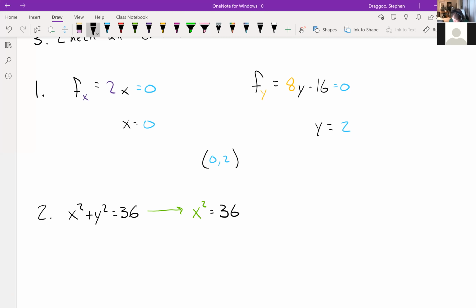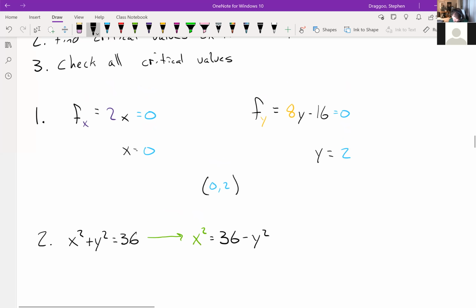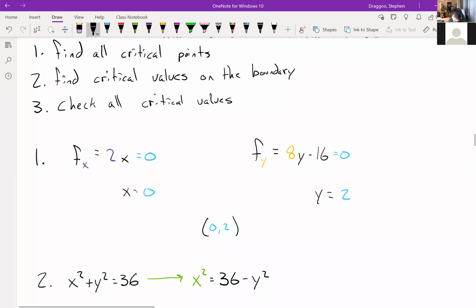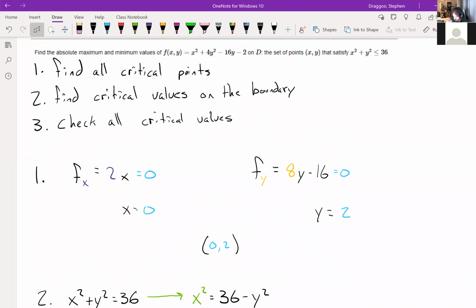Solve this thing for x squared, so 36 minus y squared. And if we take a look back at that initial function, I already have x squared in there and no other x values, which means I could replace the entirety of x squared with 36 minus y squared, and then I'll have a function of only y.